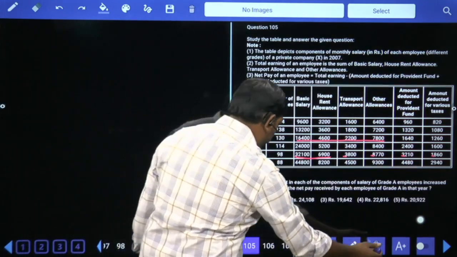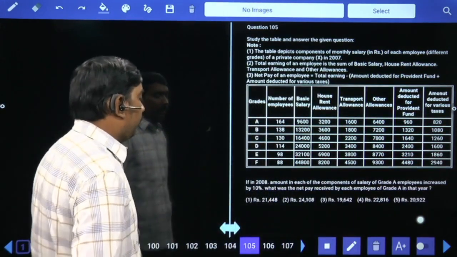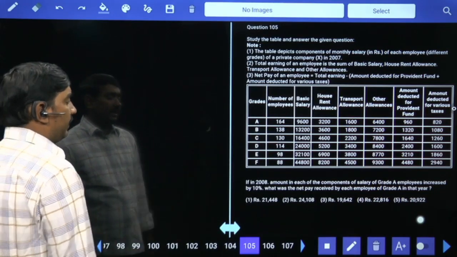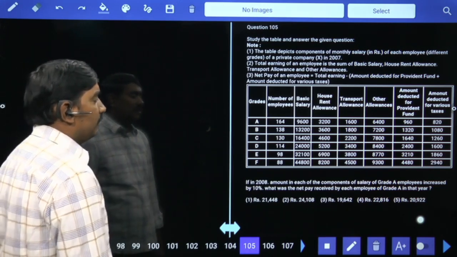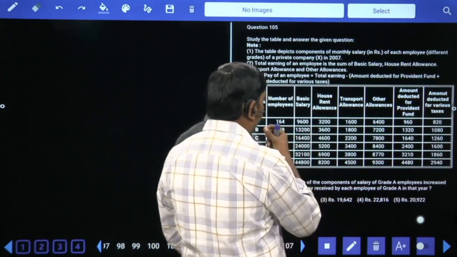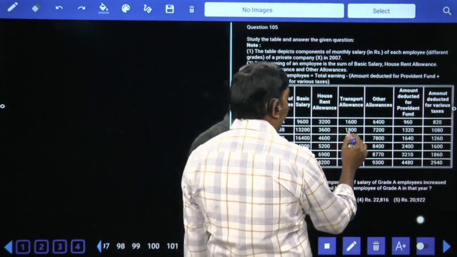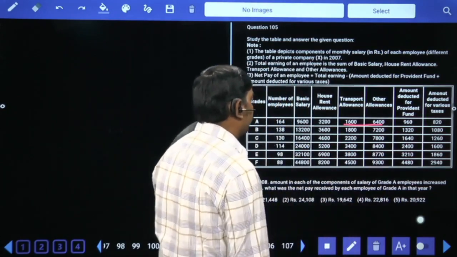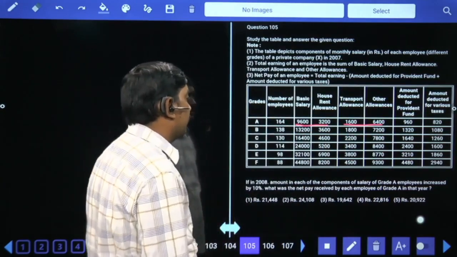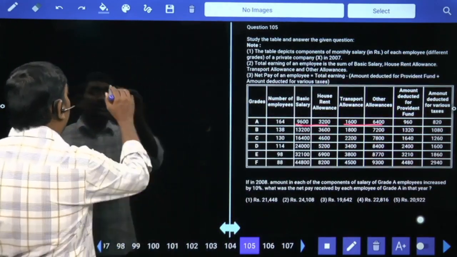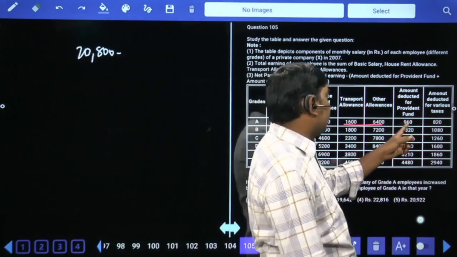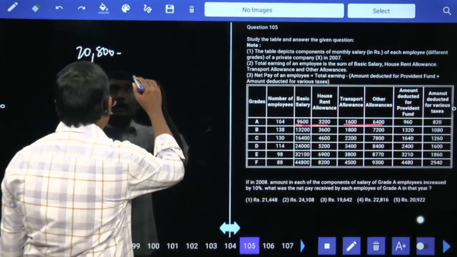Next. If in 2008 the amount in each of the components of salary of grade A employee is increased by 10%, what is the net pay received by each employee of grade A in that year? First of all, net salary of grade A employee: 1600, 6400, 8000, 9600, 3200 means 12,800 plus 8000, 20,800 minus 960, 820, 1780.